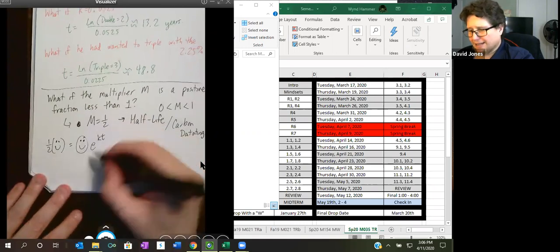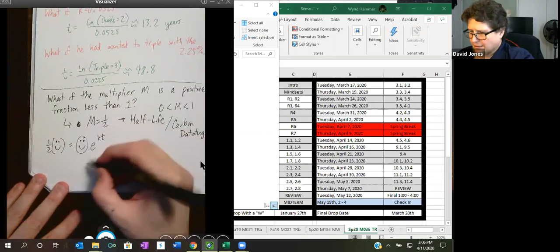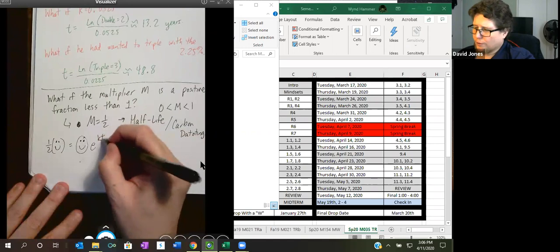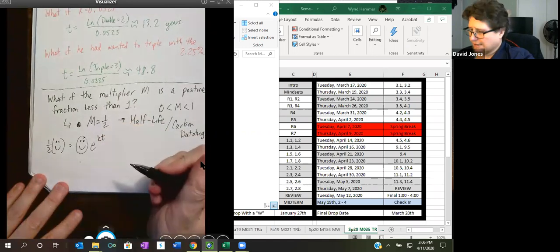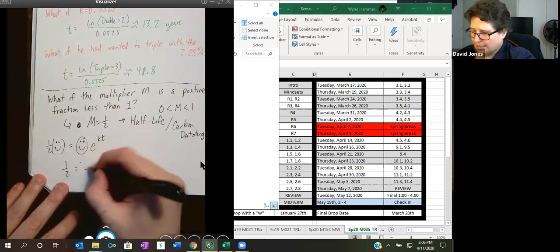We ended up solving this. We found out, if you don't know what k is, this is hard to explain. We get 1/2 equals e to the kt.